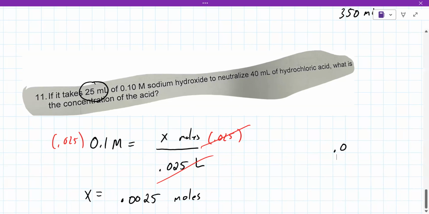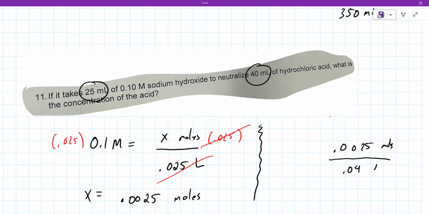Did we get the same answer, 0.0025? Yeah. Okay, so now for the next part of the problem, it's 0.0025 moles. So to neutralize the concentrate, the number of moles is the same, divided by the number of liters. It's 40 milliliters, that's 0.04 liters. That's your molarity, that's your moles per liter.